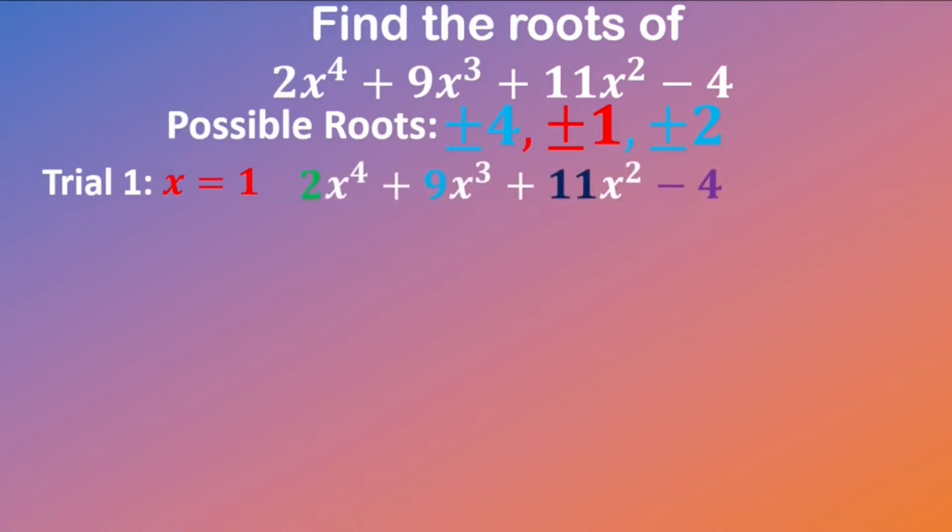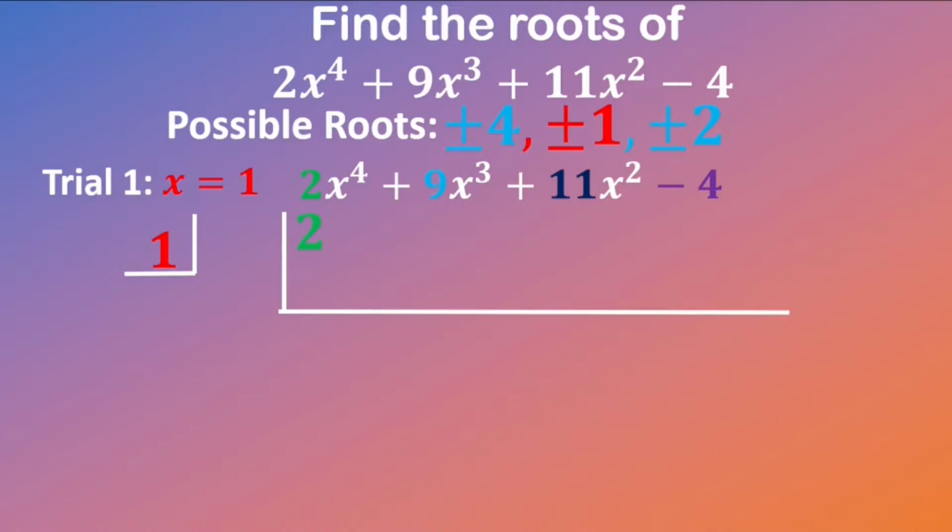So let's try trial number 1. If x is equal to 1, the numerical coefficient of 2x raised to 4 is 2, 9x cubed is 9, 11x squared is 11, and we do not have the first degree term, so we replace it with 0. After that comes the constant term, which is negative 4.